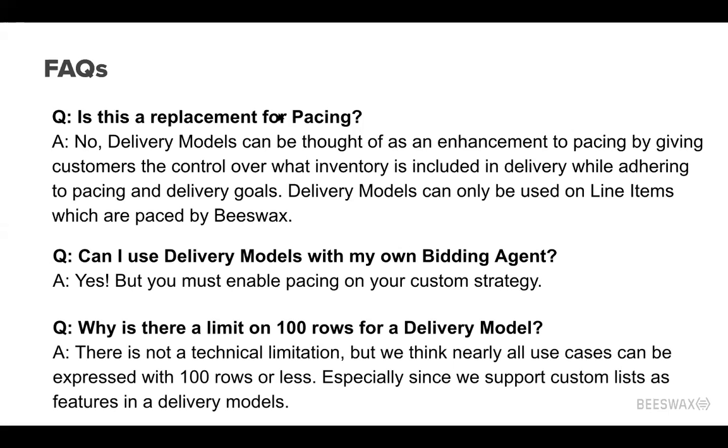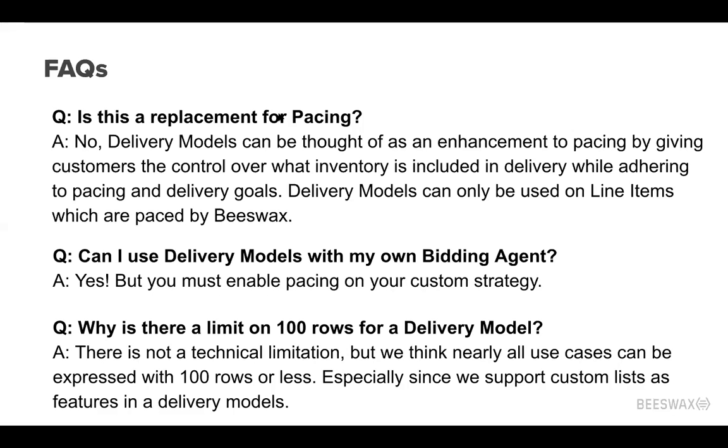And the last one is around why is there a limit of 100 rows for delivery model? There's not a technical limitation, but we think, and we would be open to feedback as customers use the feature, that nearly all use cases can be expressed with 100 rows or less. Controlling delivery is very different than controlling bids.